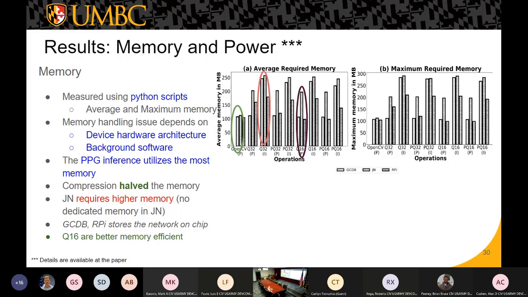Although there is an issue that Jetson requires higher memory while Google Coral requires less, because of how the devices are built. And we also found that quantized 16 is the most memory efficient with a little loss in accuracy.